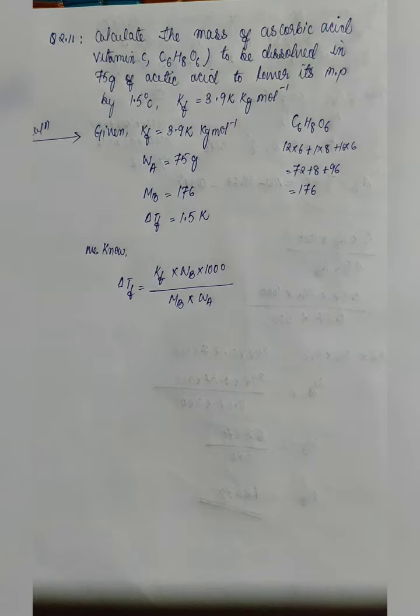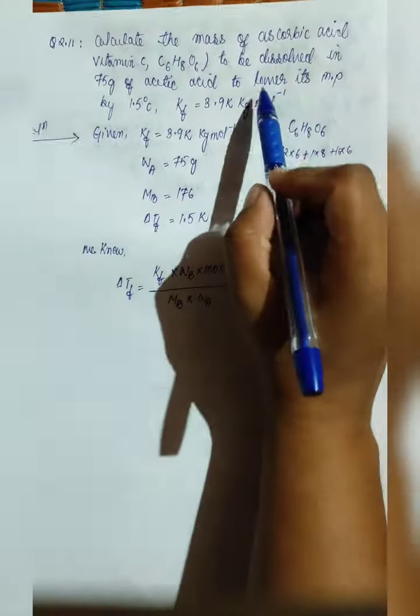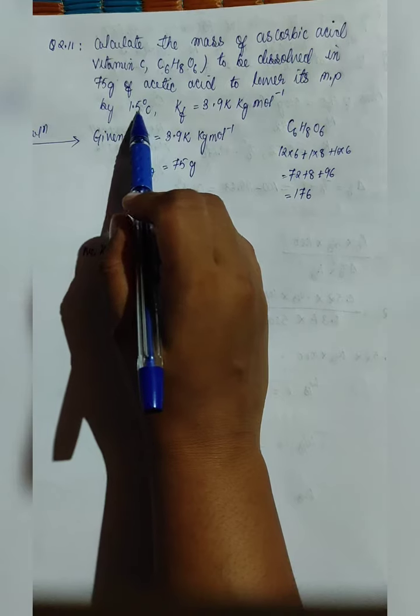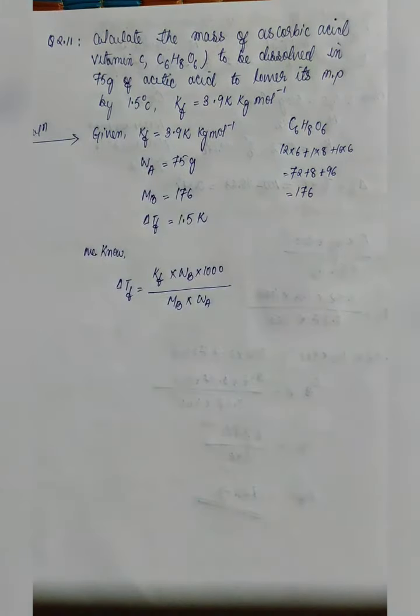If Kf value is not mentioned, remember that Kf value for water is 1.86. Now in this case, you can see here that it says lower its melting point by 1.5 degree Celsius.